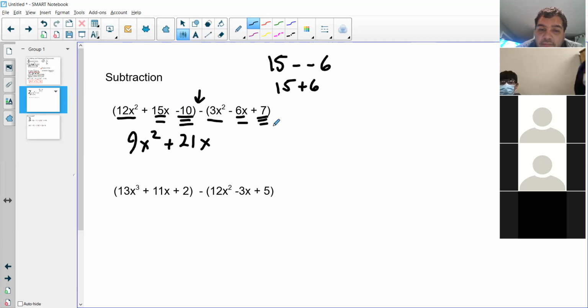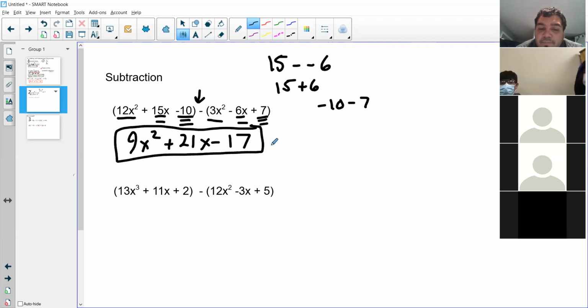Negative 10 and 7. Negative 10 minus 7 is going to become a bigger negative, negative 17. Just check the degrees real quick. This is the second degree. This is the first degree. This is 0 degree. Correct order. Everything's happy.